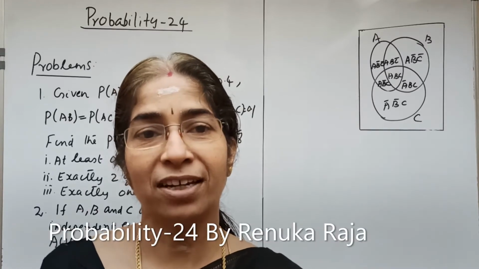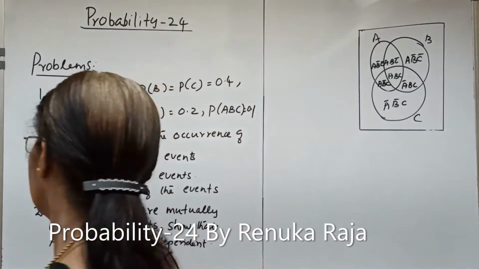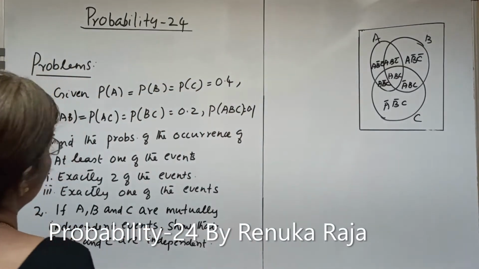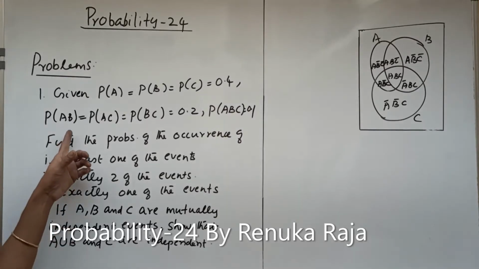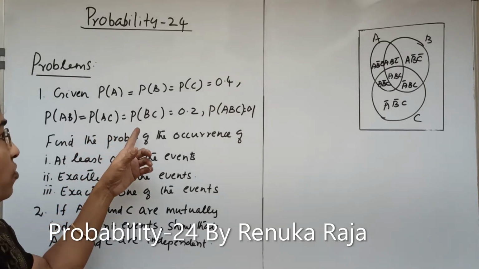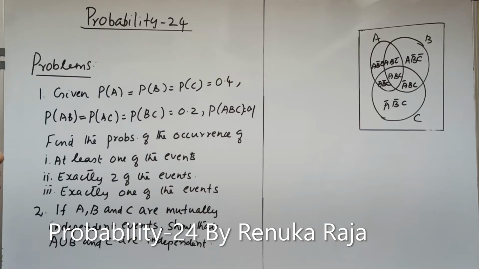Today, let's work on problems on probability. Here we consider a question of three events, that is given P of A equal to P of B equal to P of C equal to 0.4. P of AB equal to P of AC equal to P of BC equal to 0.2.